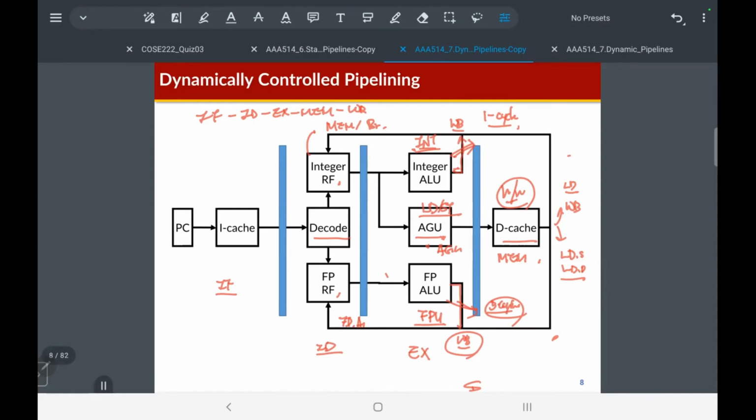If these processing engines have fixed delays or fixed cycles, we can make very simple hardware because we can control the flow of the instructions and the timing of the processing. But the problem is that the stages and hardware engines can have various delays. So how can we handle this case in hardware?